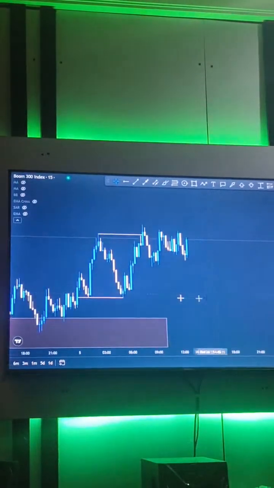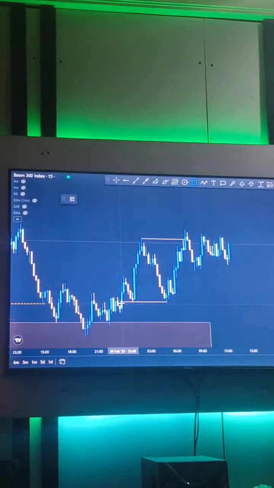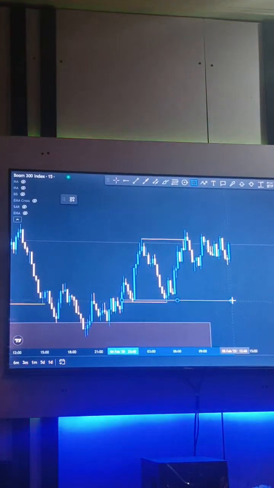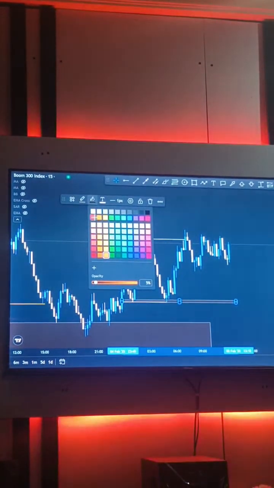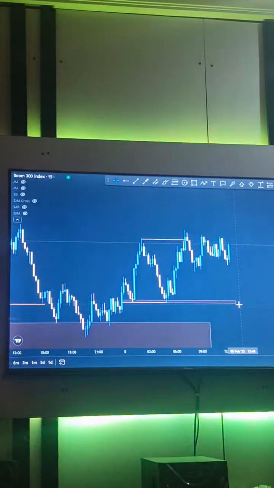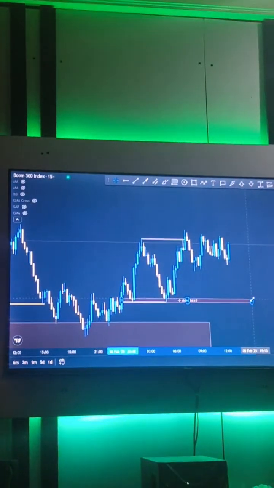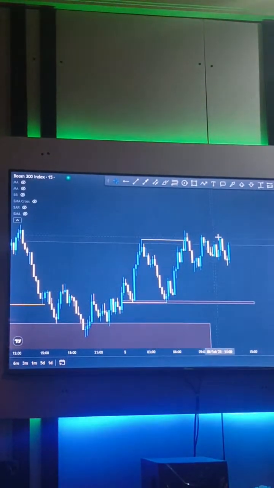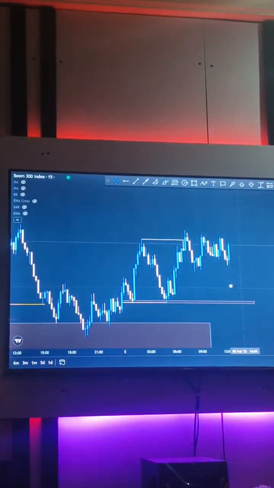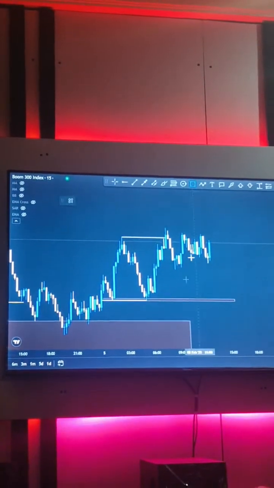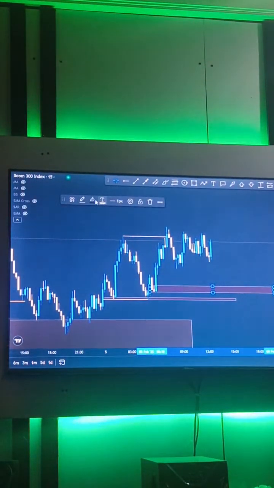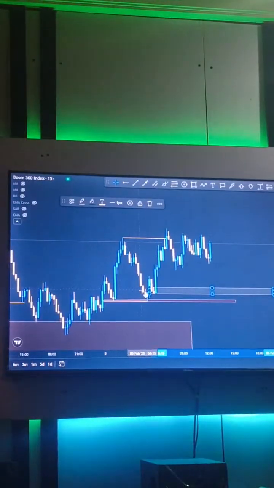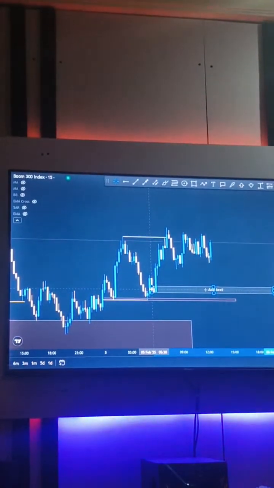So we are waiting for the market to either treat this level as an equal low, go back down here before pushing up, or respect this level here, which is this other block here.